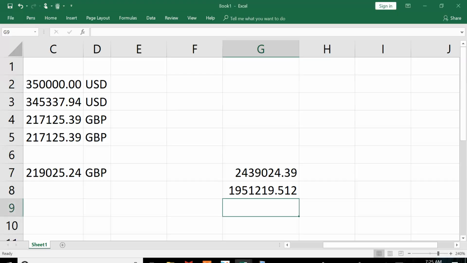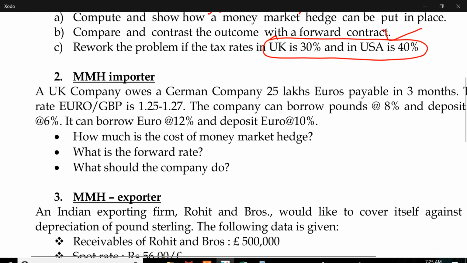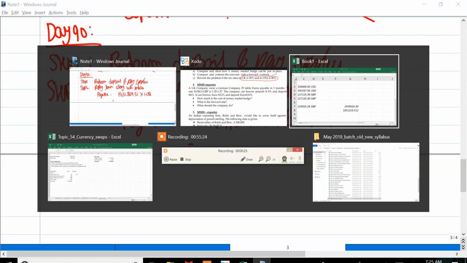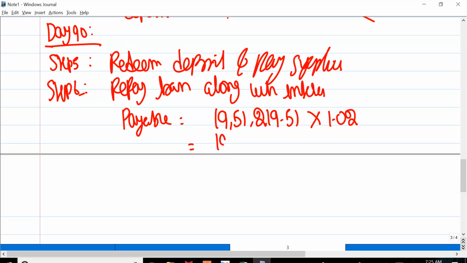1951219 into what's the interest rate for GBP loan? 8%, so it will be effectively 2% for a quarter, into 1.02. 19 lakh 90,000 243.